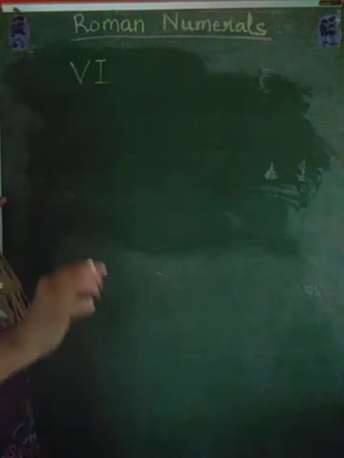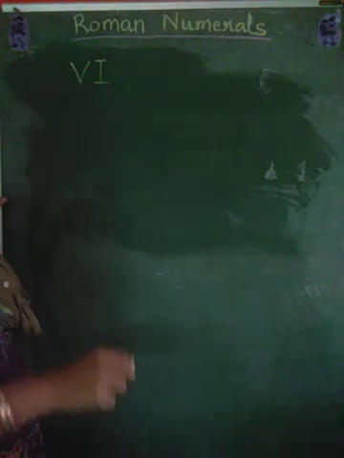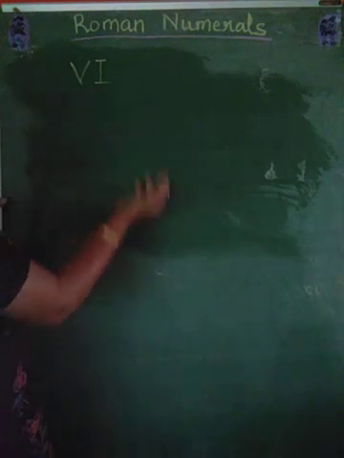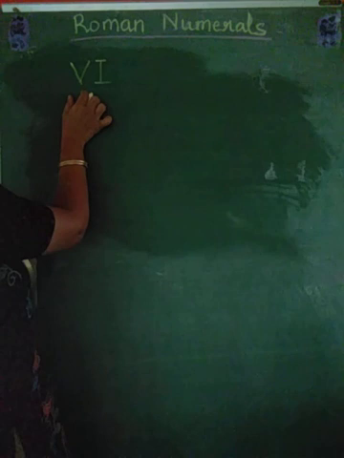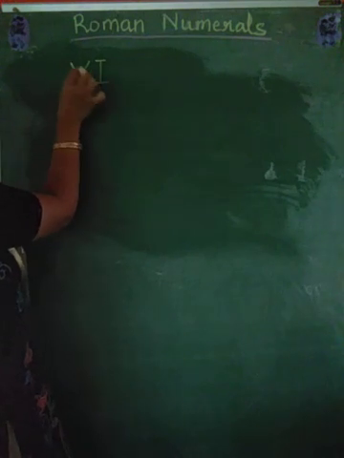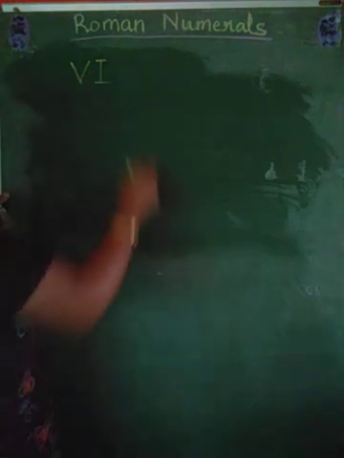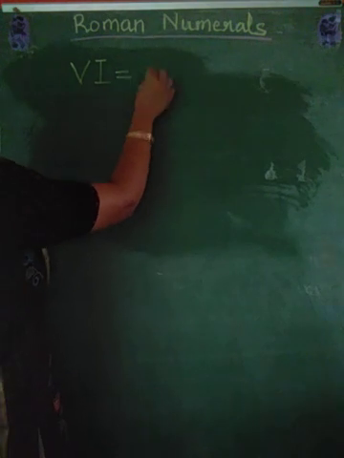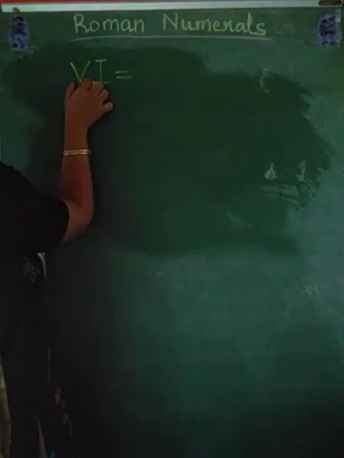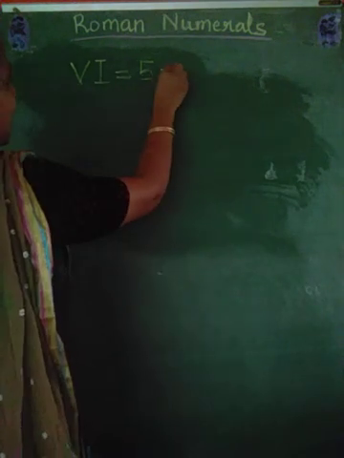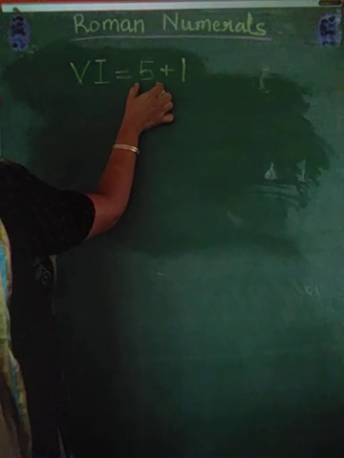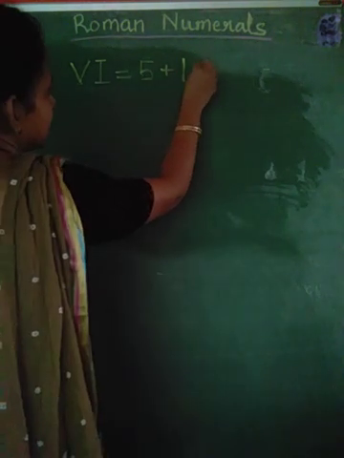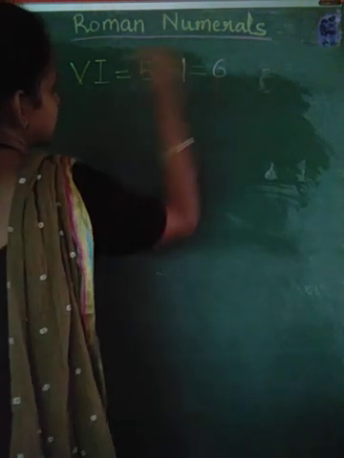So this is rule number 3, which says that if I or X is added on the right side of the bigger number, its value is added to the bigger number, which is equal to V. The value of V is 5 and that of I is 1. So the total is 5 plus 1 equal to 6.